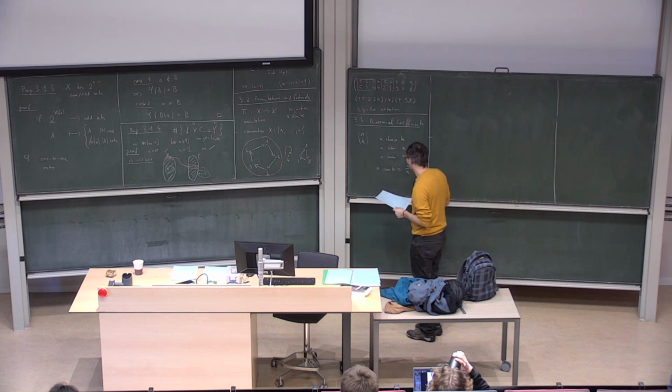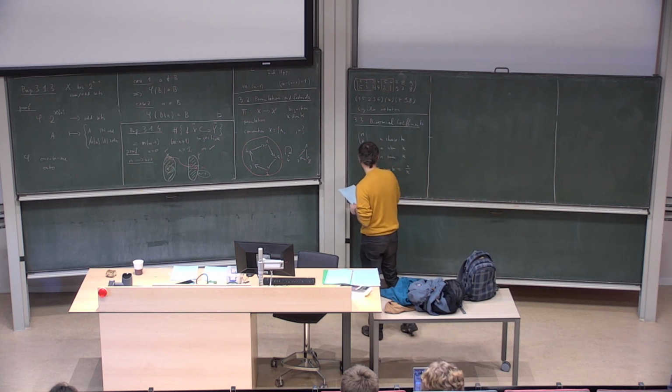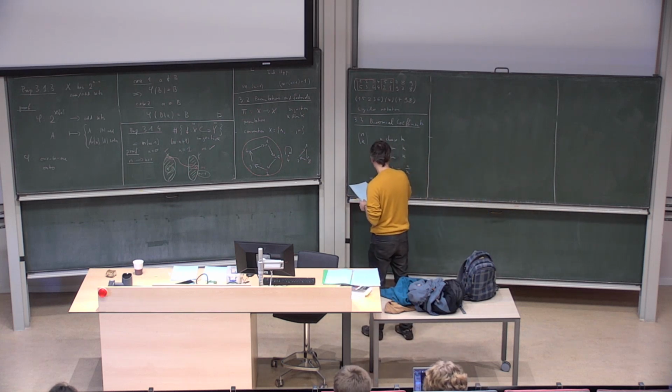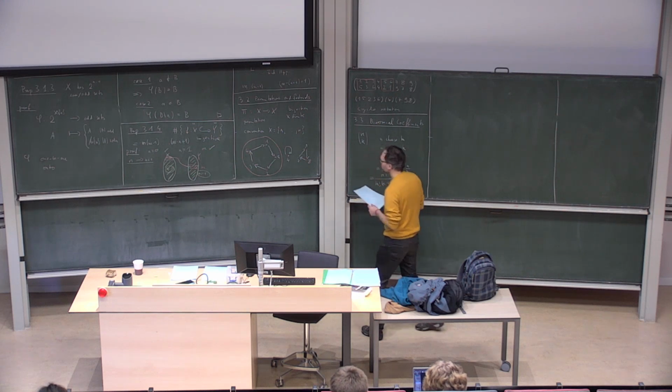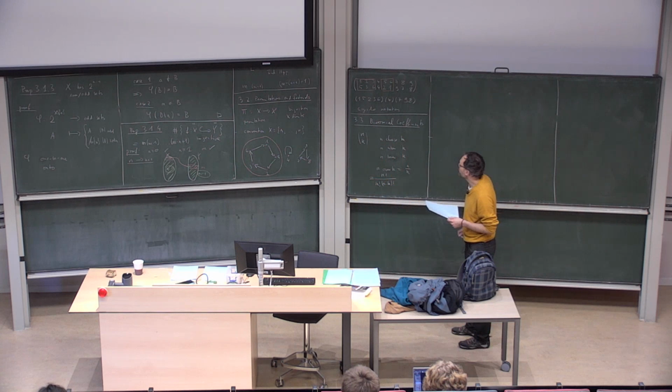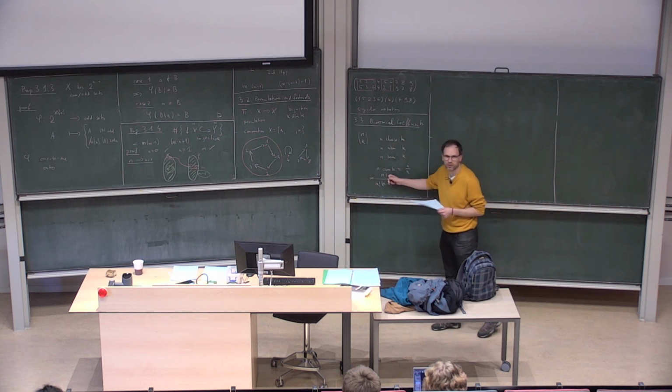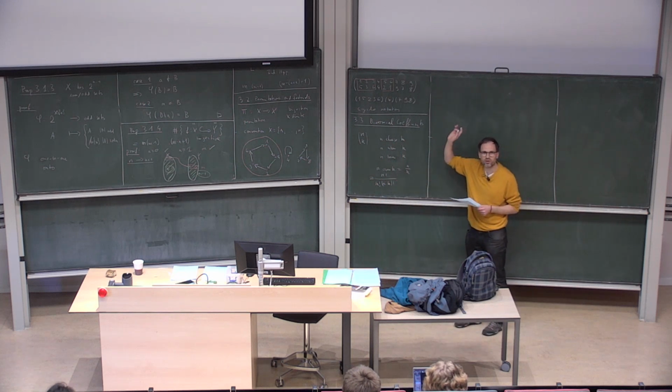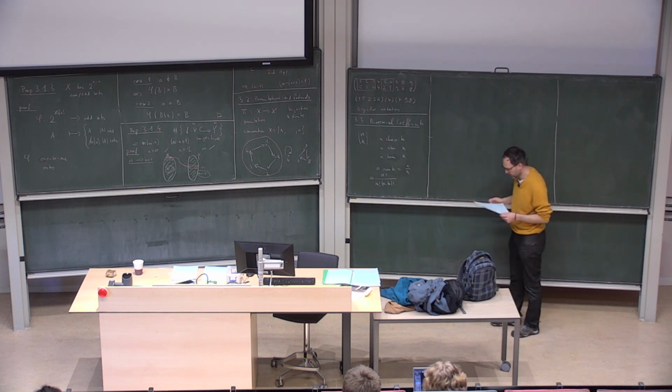Okay, but it is just defined as n factorial divided by k factorial times n minus k factorial. Aha, I haven't actually written down factorial. So who does not know what factorials are? Okay, everyone knows, very good.